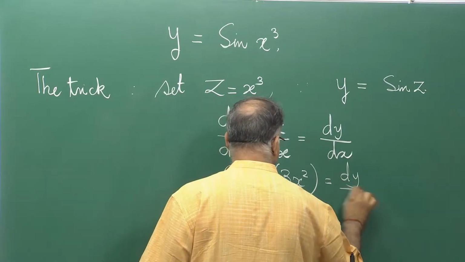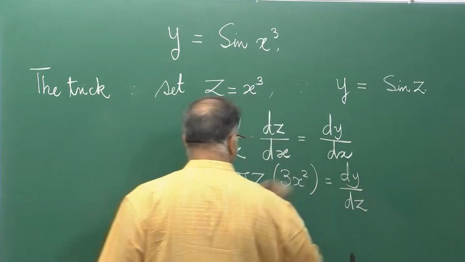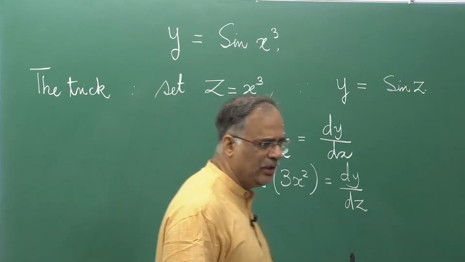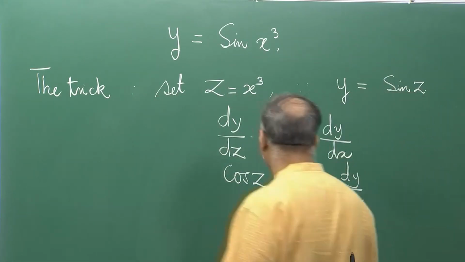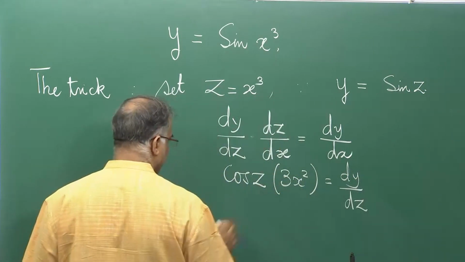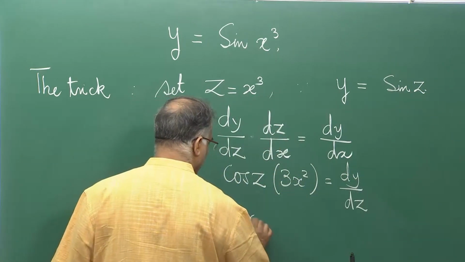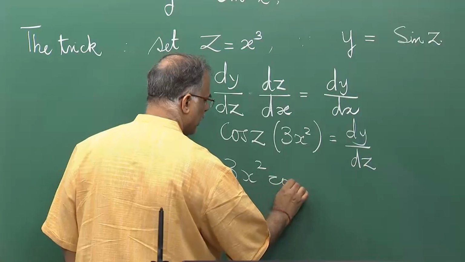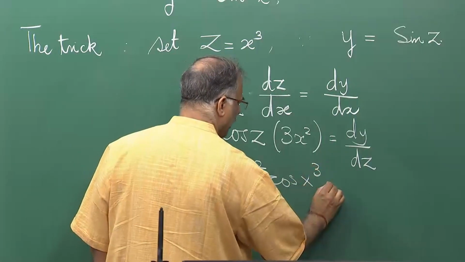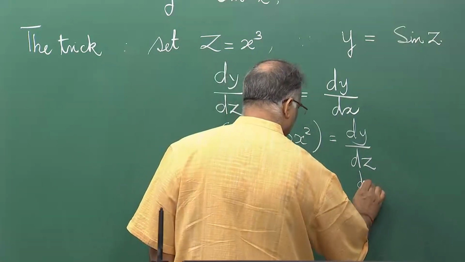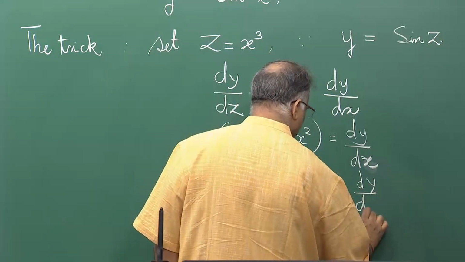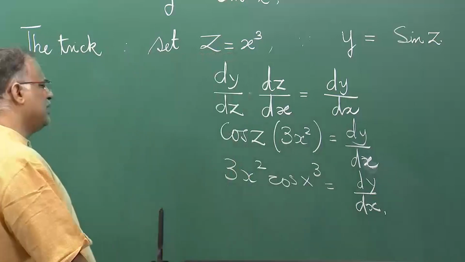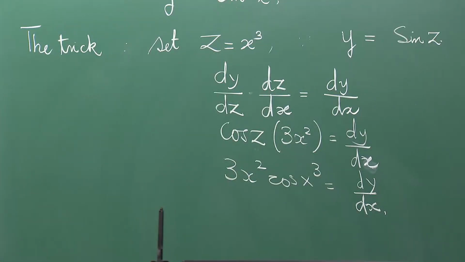But you know that z is nothing but x cube, so in place of z you put x cube. So it will be 3x squared times cosine of x cube, and that is giving me dy/dx. This is the standard chain rule, and you know this standard chain rule.